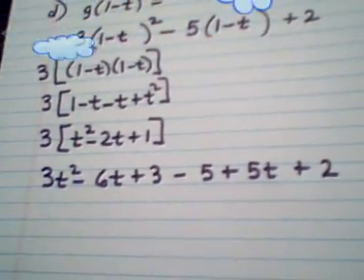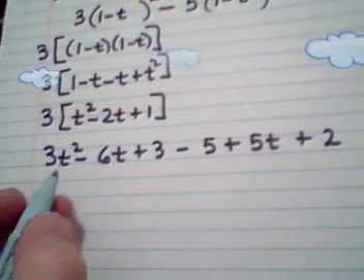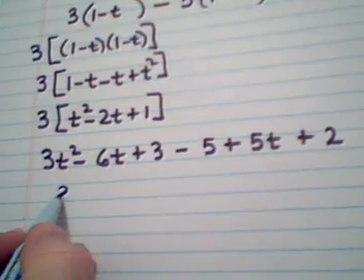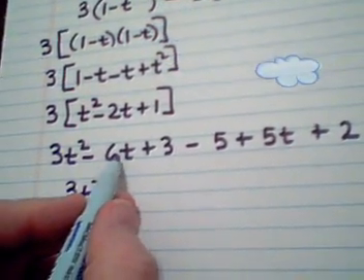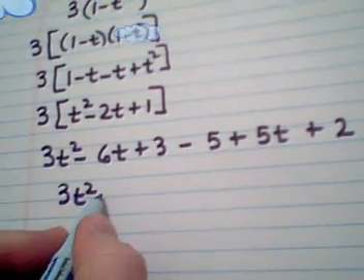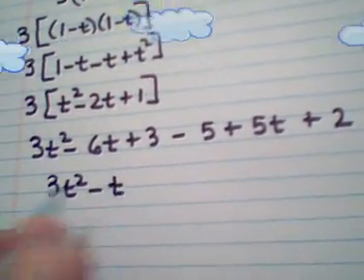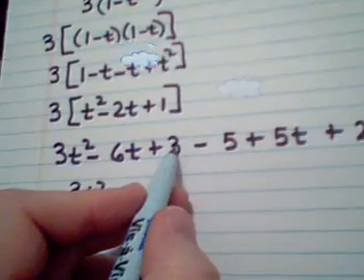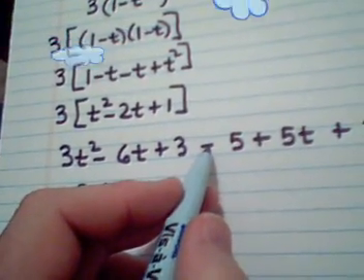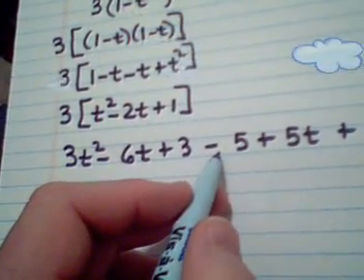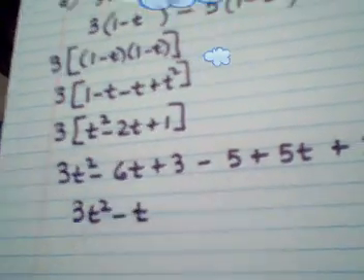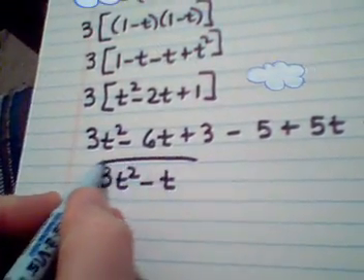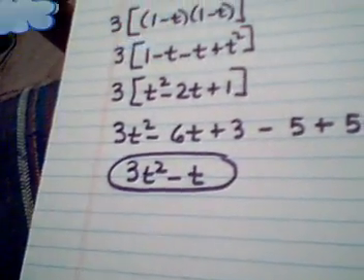And now when I finish and I collect like terms, I end up getting what? We have 3t squared in the front. Let's see, the minus 6t combined with the 5t to give me opposite of t. 3 minus 5 is a negative 2. Plus 2 is going to cancel out. So this is my final answer.